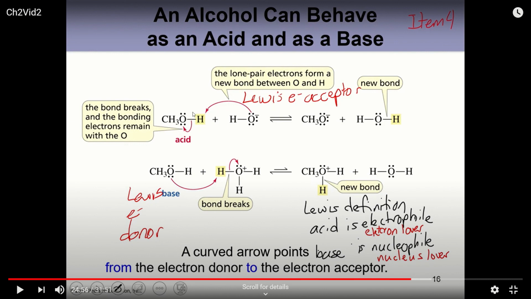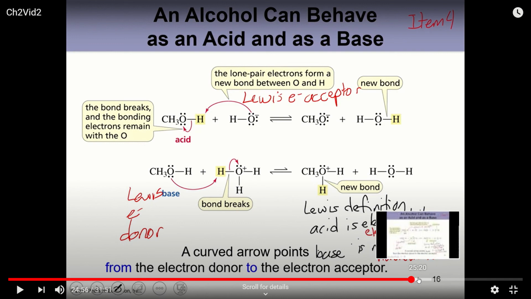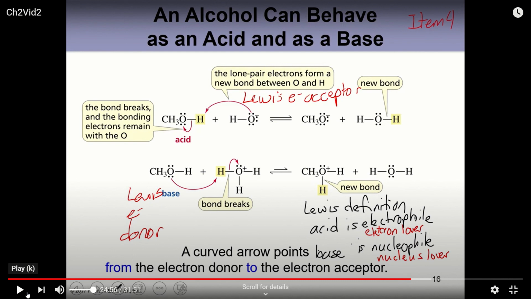And so if you draw your dipole, hydrogen is partially positive and oxygen is partially negative. So we have acid and base, just as we always have. Our base is our electron donor. A lone pair from the hydroxide ion is going to make a bond to the hydrogen.